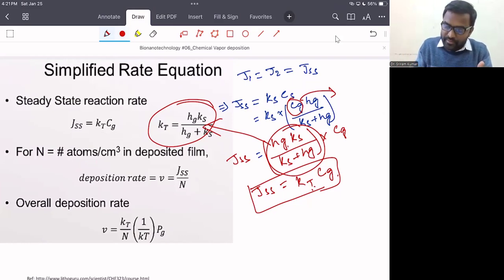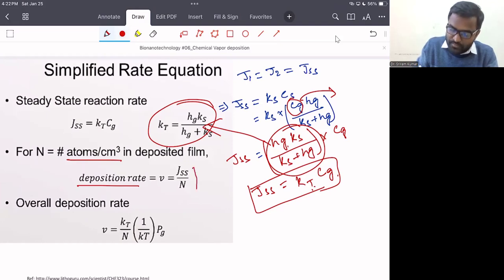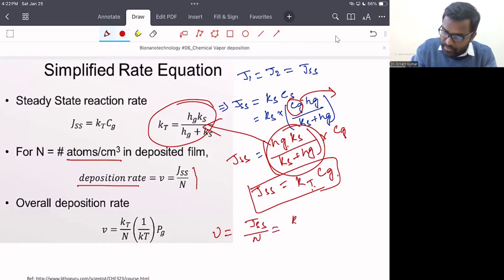And once we have the flux, we can define the deposition rate, and that deposition rate is equal to the flux divided by the number of atoms per centimeter cube. So here the rate is equal to Jss divided by N, and we have KT divided by N and the Cg.